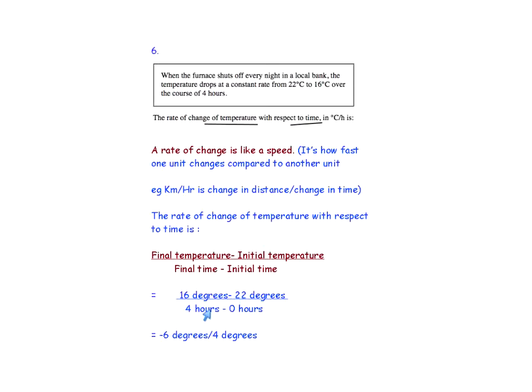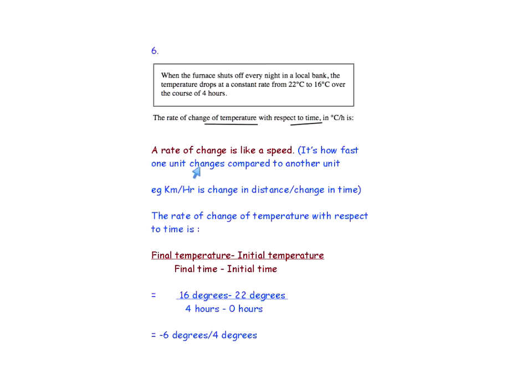The change in time is final time minus initial time, which was 0 hours. Okay, so you can see that's going to be 4 hours. So we're going to take this amount and divide by this amount, and that's going to give us the rate of change of temperature with respect to time. Okay? So again, remember when we're talking about a rate of change, it's kind of like speed.